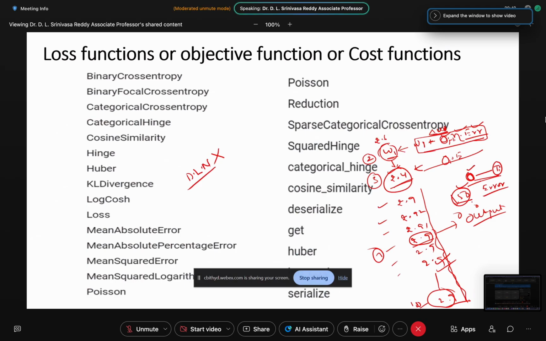Suppose in the other situation the error is very small, 0.001 after the 100th iteration. That means the error has almost converged. Yes or no? It is very small, so you can accept that model after some iterations.